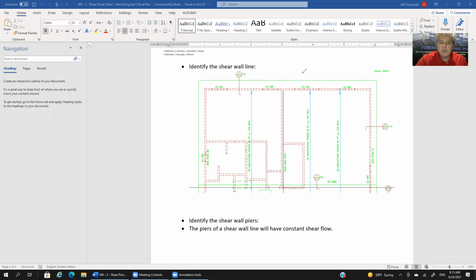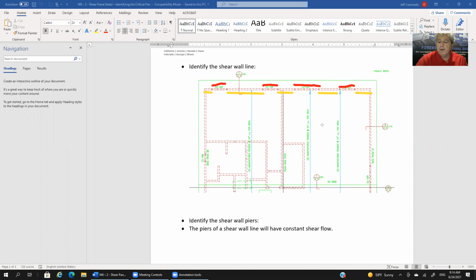If we look at this, we see that we have headers here. If you're not familiar with a header, I believe that's covered in another Bridging the Gap session, but think of these as openings in the wall. So what we're left with is a shear wall that has a pier here, here, here, here, and here.